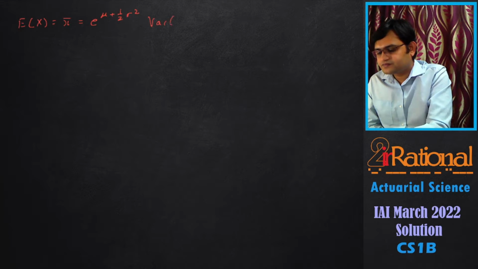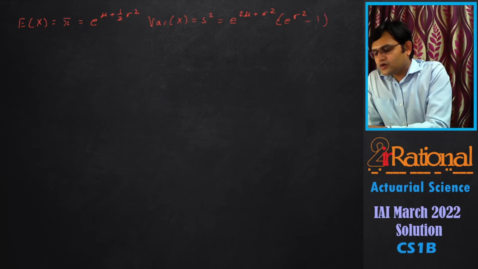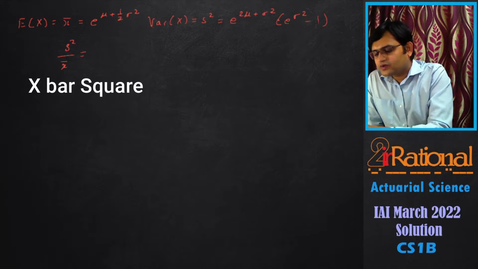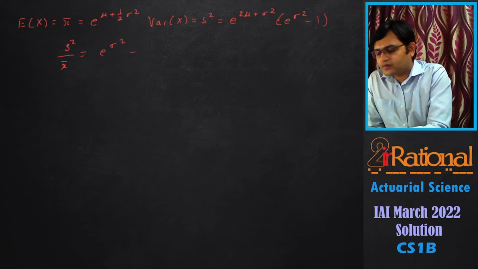Variance is s square, that would be e raised to 2 mu plus sigma square, times e raised to sigma square minus 1. So we get s square by x bar squared will be equal to e raised to sigma square minus 1.